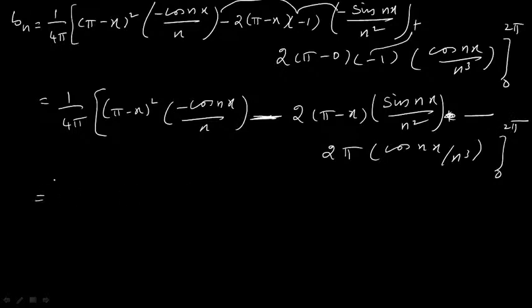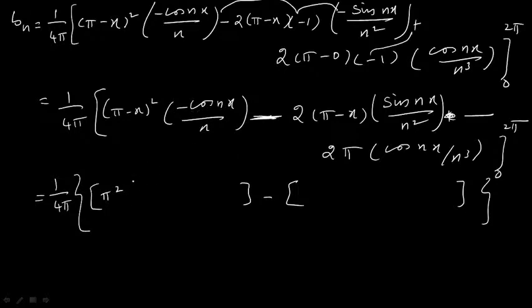Now let me substitute the limit. First upper limit minus lower limit as usual. First let me replace x by 2 pi. What happens? Pi minus 2 pi. I am going to write down the values directly. Pi minus 2 pi value is minus pi, so the square is pi square itself, and minus of cos 2n pi.